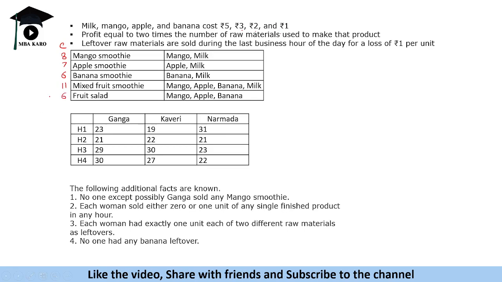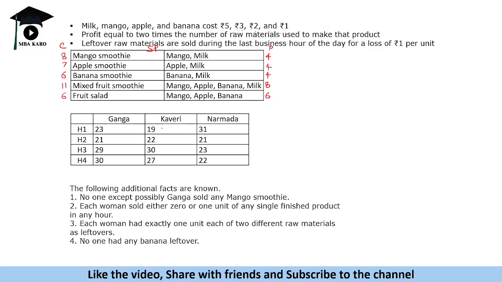Okay, now profit is 2 times the number of items. So profit in this case will be 4, because 2 items, 4, 4, 8, and 6. Right, so that is 2 times the number of items sold. So we need to find the selling price, that is of concern, because we are given the sale here.